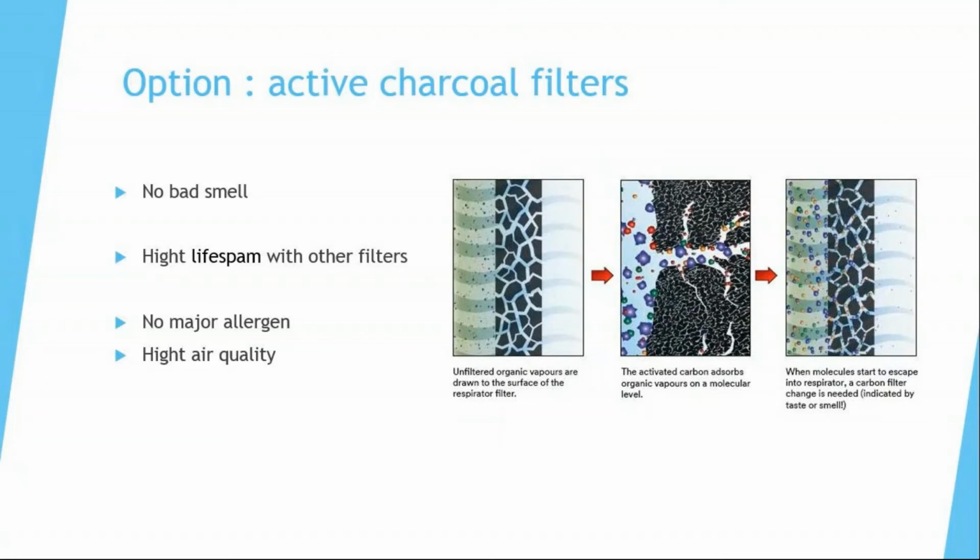It increases the lifespan of the other filters, it prevents you from being in touch with the major allergens, and it increases the quality of the air. So it's another option that you can put on your Downdraft table, a system that you couldn't merge with other systems.